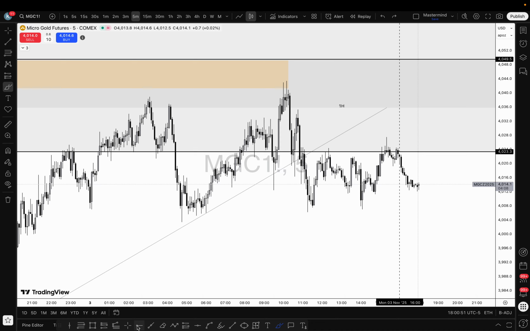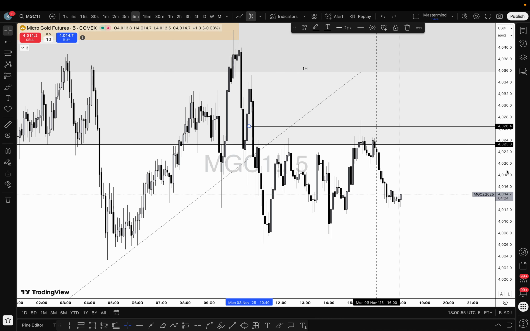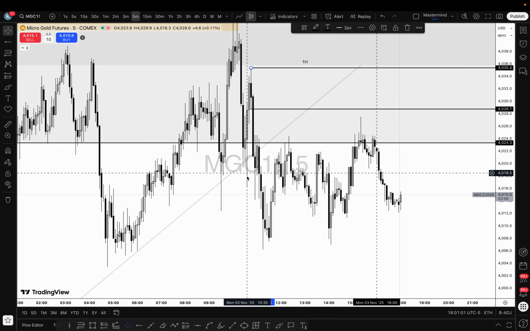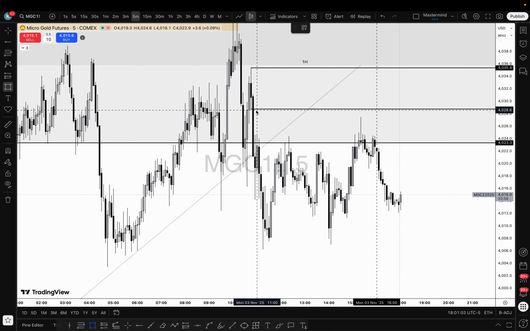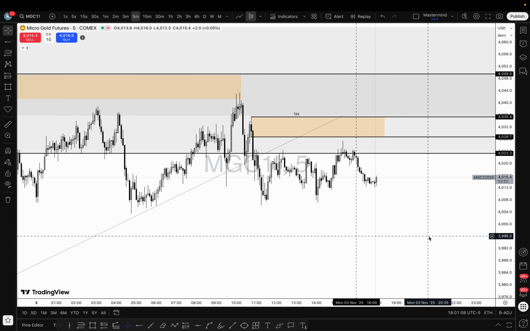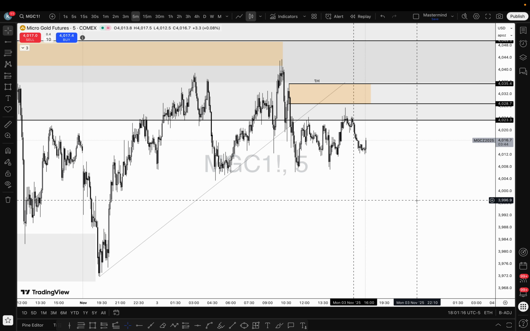So we could say this supply right here, we'll take it from this candle, is responsible right now. Anything could happen, but based on that analysis, this is what we're gonna execute on.